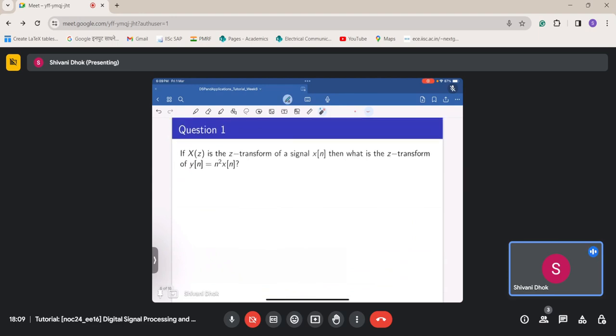So the first question here is: if X(z) is the Z transform of a signal x(n), then what is the Z transform of the signal y(n), which is given by n square x(n)? The things that are given to us are this x(n), which has a Z transform as capital X(z).